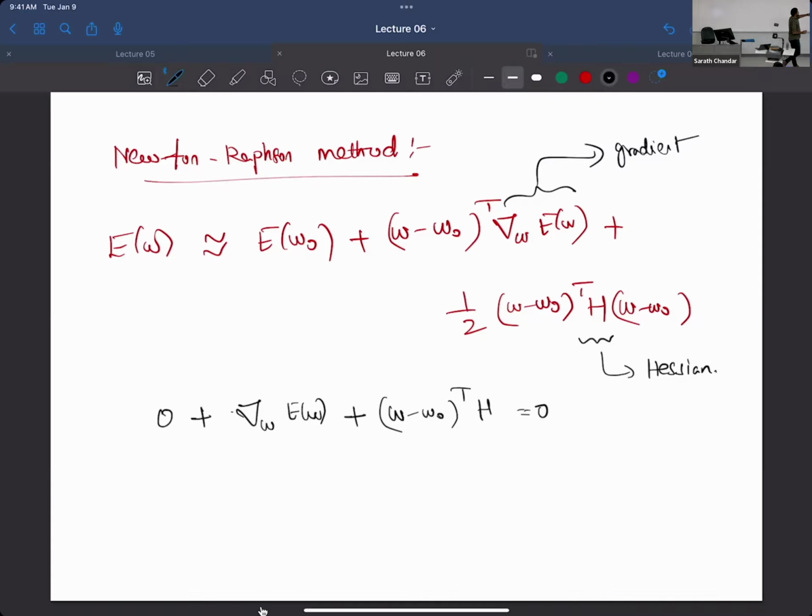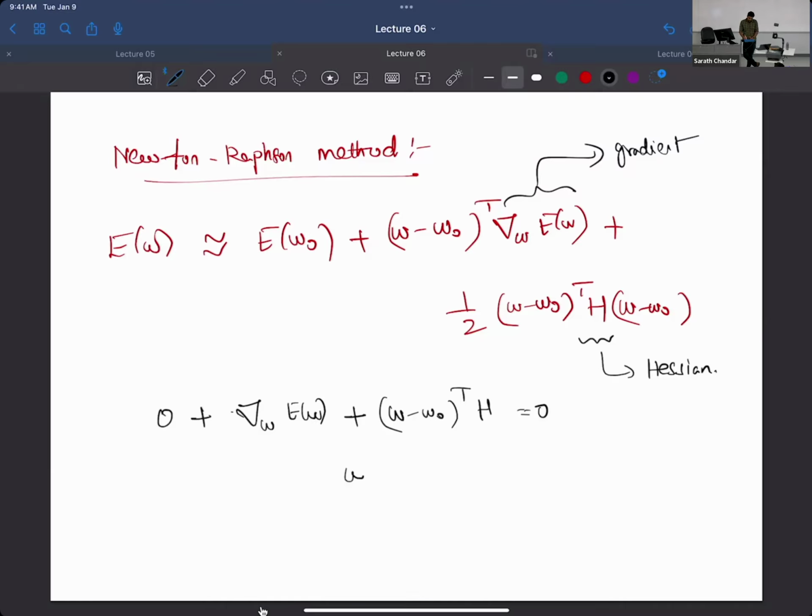I'm differentiating this term with respect to W. There is no W in the first term, so that becomes 0. In the second term, W minus W0, we differentiate; the second part goes to 0, but this is W times the gradient, so this is the gradient. And this is W square H, so 2 times W times H, and that's what we have here. Okay? W0 is a constant; at a point W0, we are doing this.